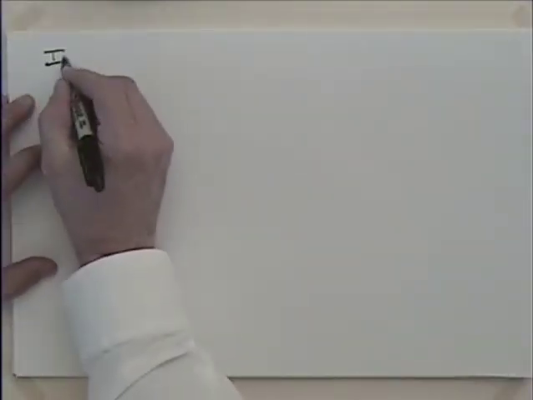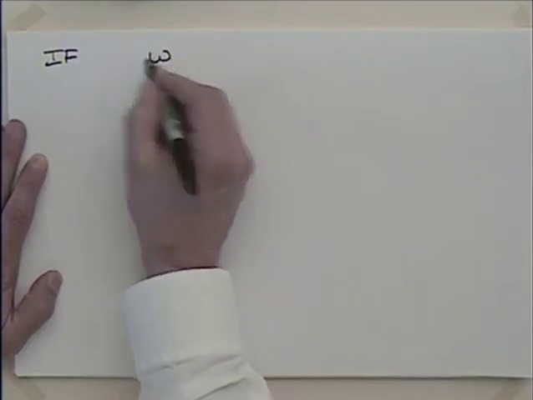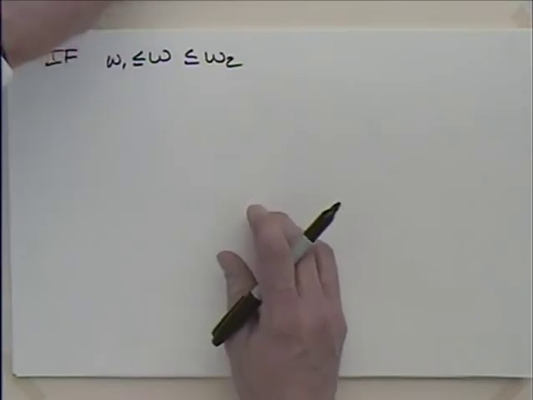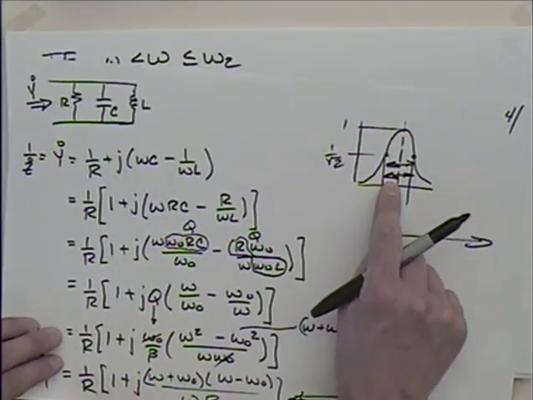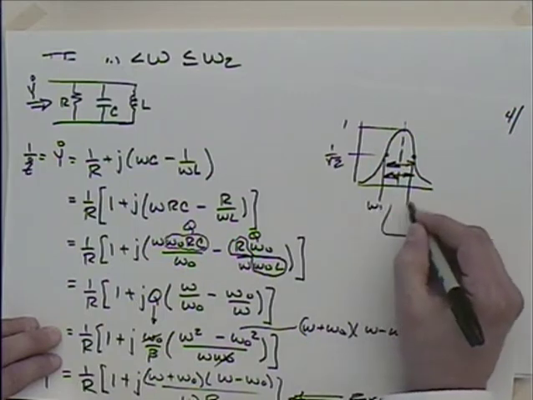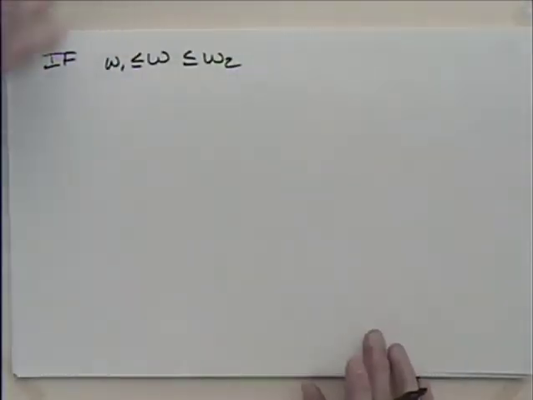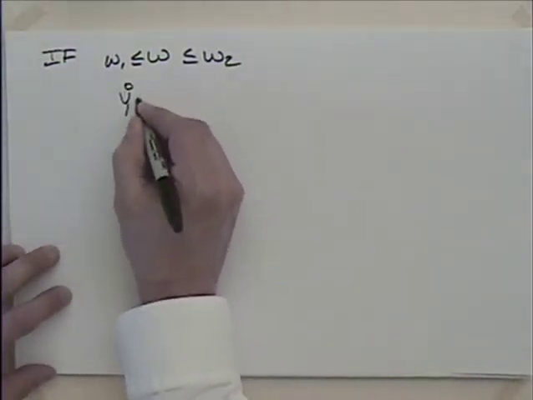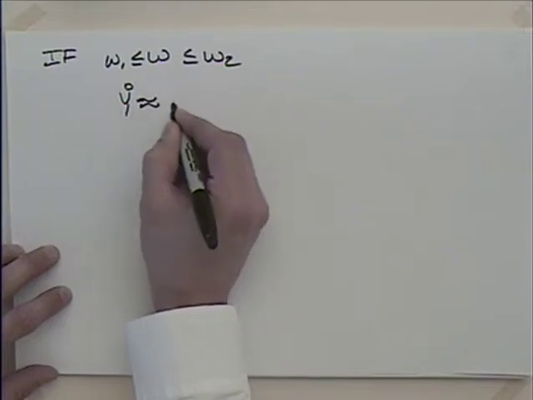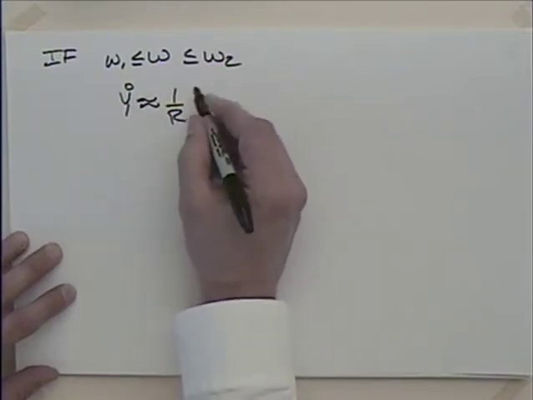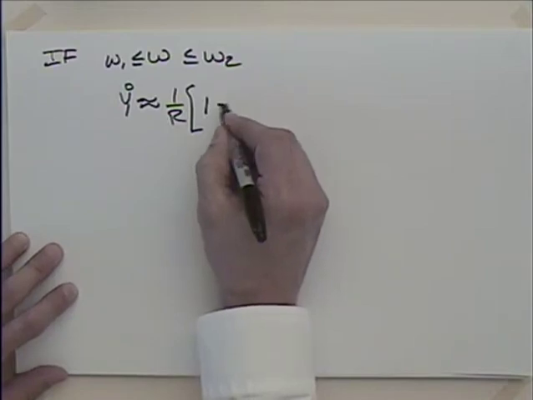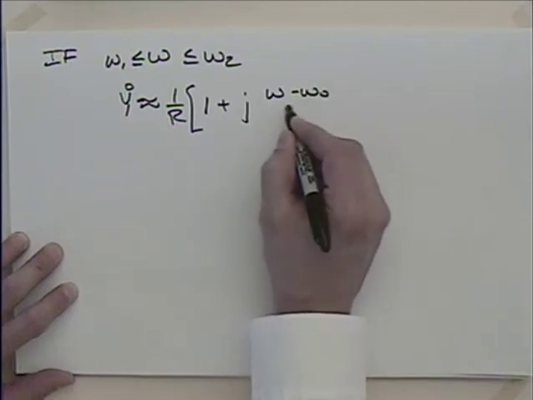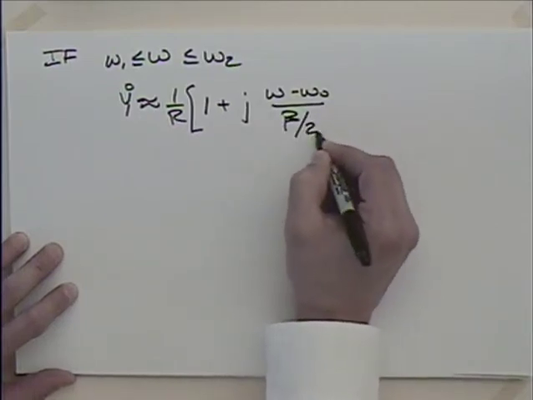I can say then, if our frequency that we're going to drive it at is between omega 1 and omega 2, wasn't that what I was describing with this thing? If we're inside what's dictated by the half-power frequencies, omega 1 and omega 2, we can reduce this. We can get an approximation that the admittance Y is approximately, it's not exact, but approximately equal to 1 over R times 1 plus J times omega minus omega naught divided by the bandwidth over 2.